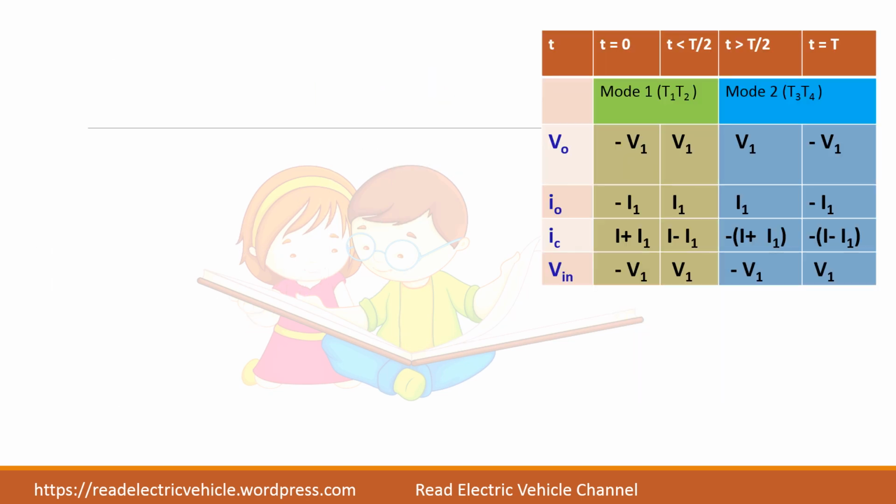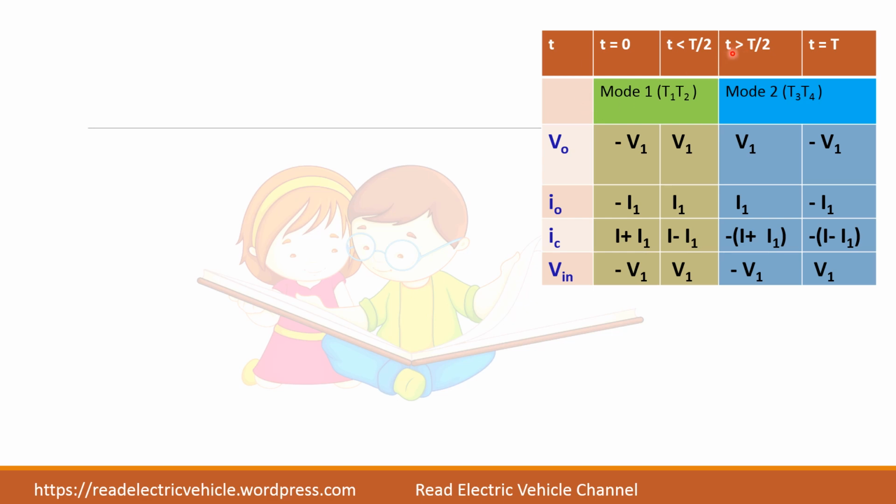Now we can do one thing. Let us tabulate all the values we have calculated for the previous modes of operation. Take the time period t equal to 0 to total time period T, with t less than T by 2 meaning just before T by 2, and this is just after T by 2.